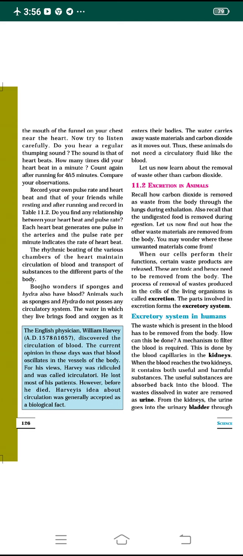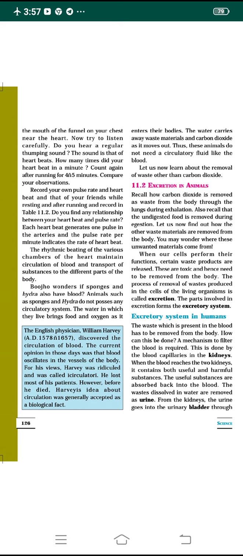The current opinion in those days was that the blood oscillates in the vessels of the body. People thought the blood is not flowing, it is just oscillating. For his views, Harvey was ridiculed and called names, and he lost most of his patients.